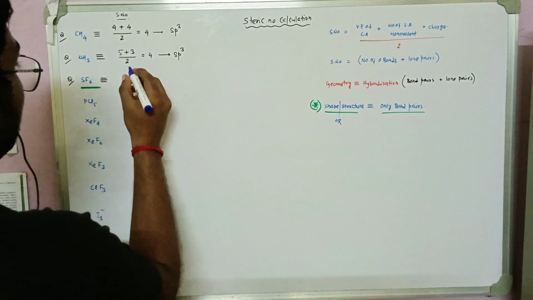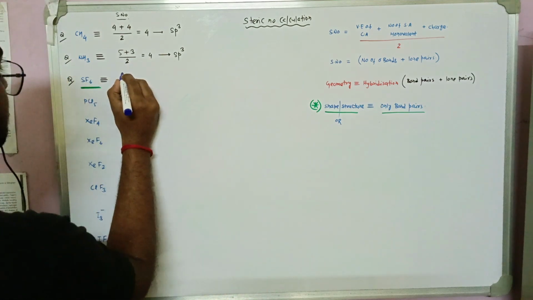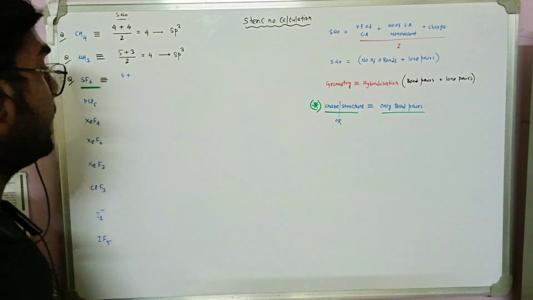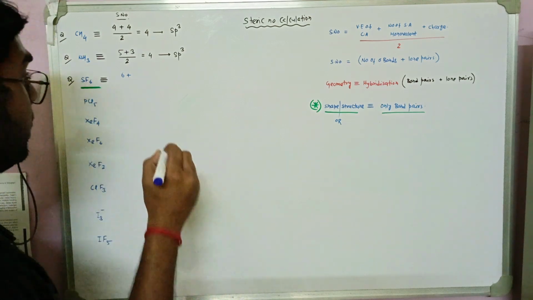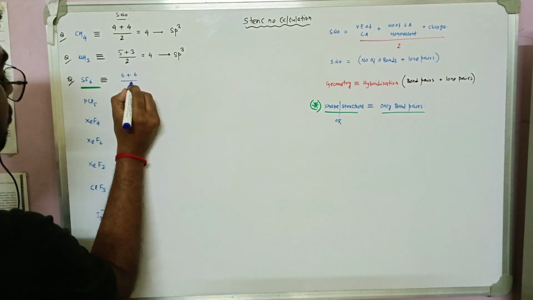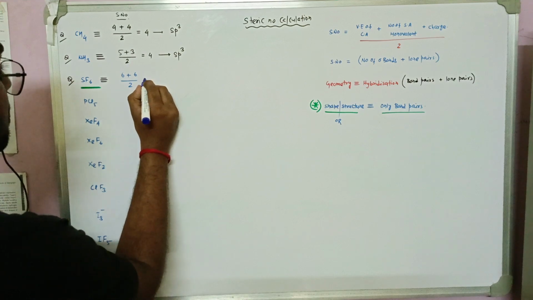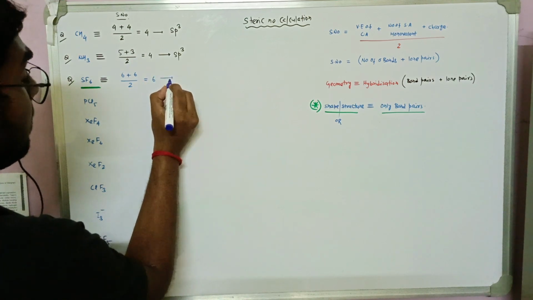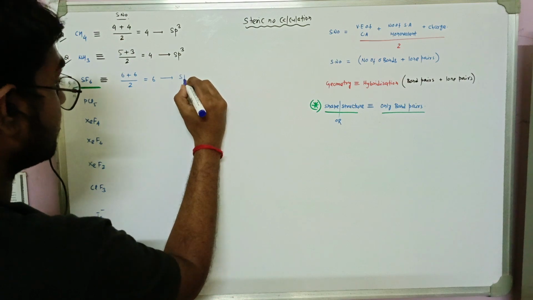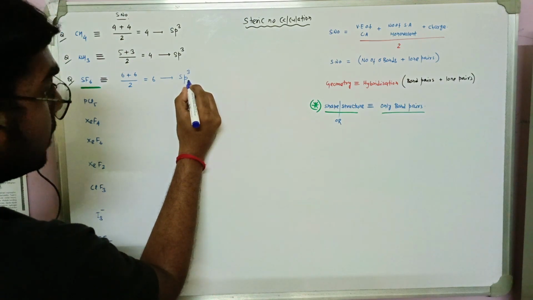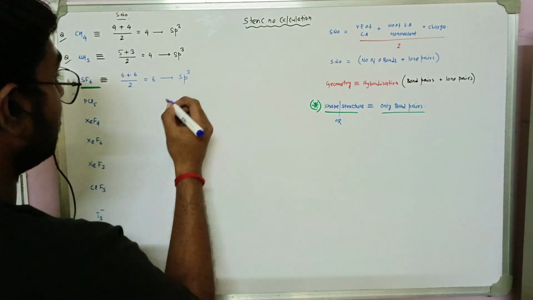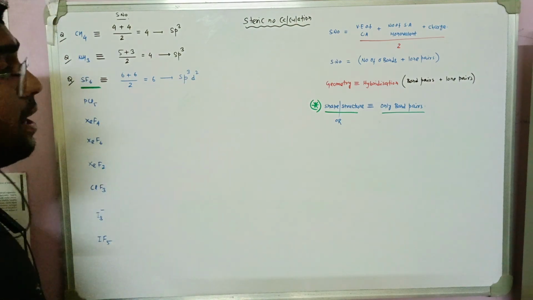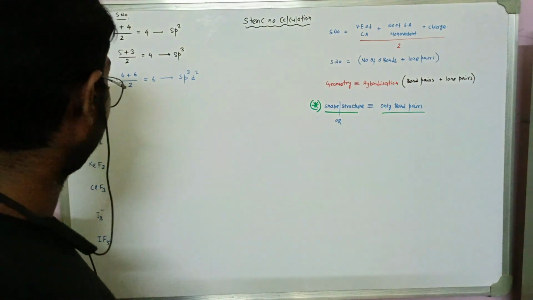So for sulfur, the valence electron count is 6 because it lies under oxygen, plus the number of monovalent side atoms, which is 6 because fluorine is monovalent, 6, divided by 2 as it is a neutral molecule. So the steric number comes out to be 6, which gives the hybridization sp3, and we have to add 2 d orbitals because we don't have any more p orbitals. So the hybridization will be sp3d2.